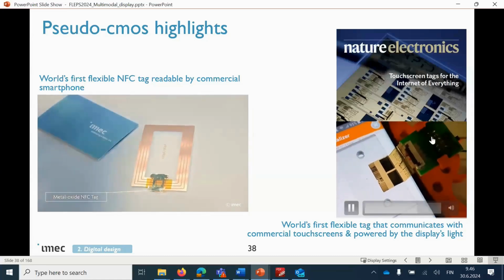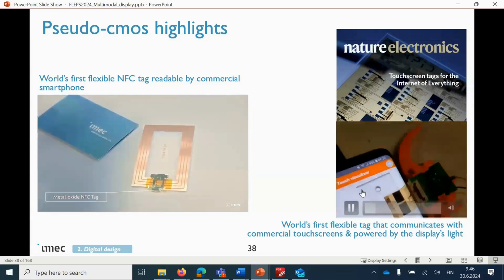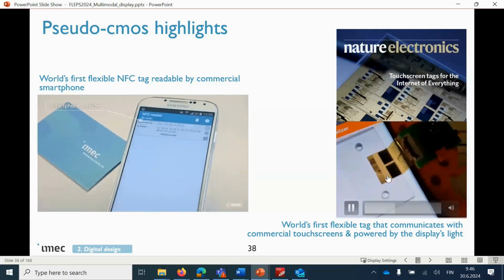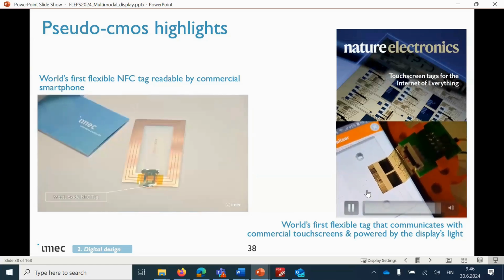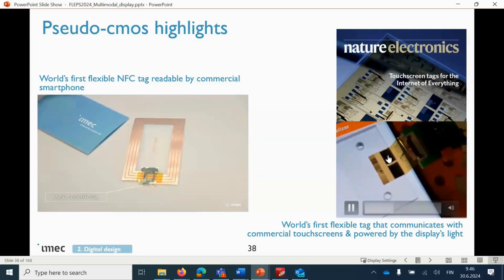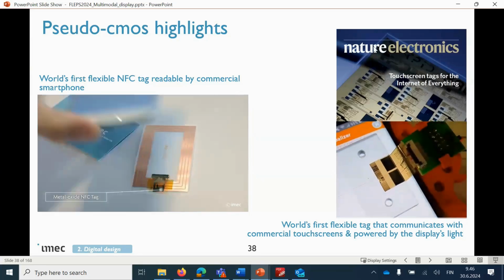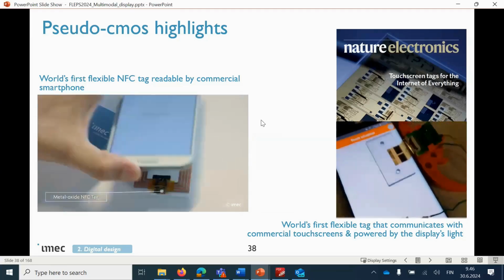So no other power sources were used, and it transmits to the touchscreen a digital code, which we can see here by this line moving, indicating that data is sent to the touchscreen itself. And this was on the cover of the Nature journal years ago.